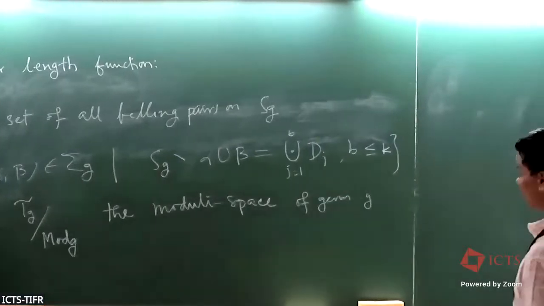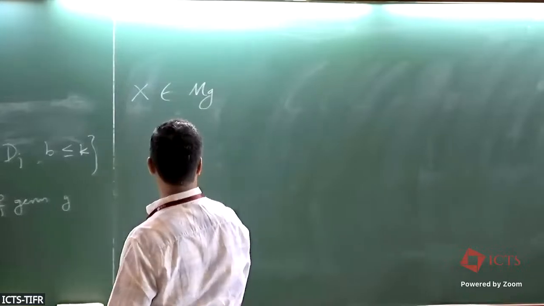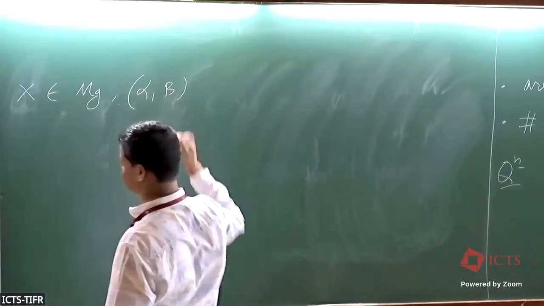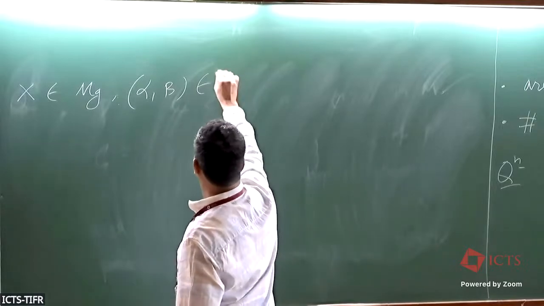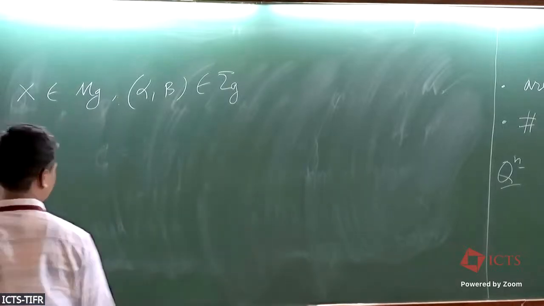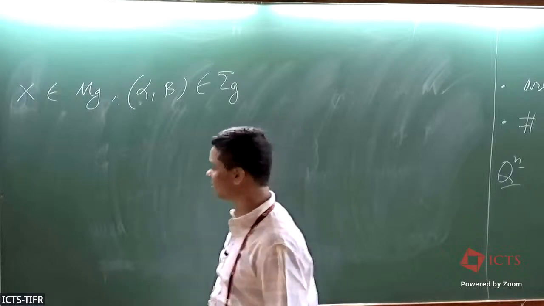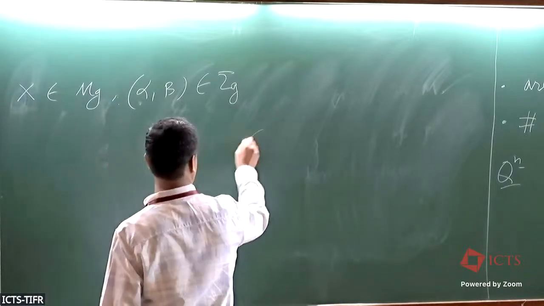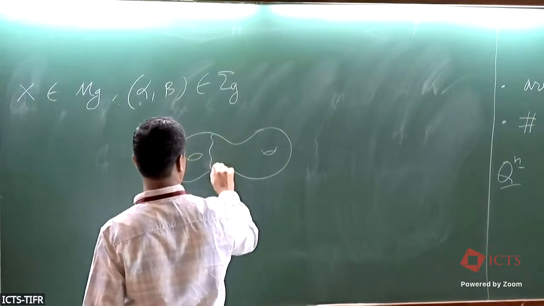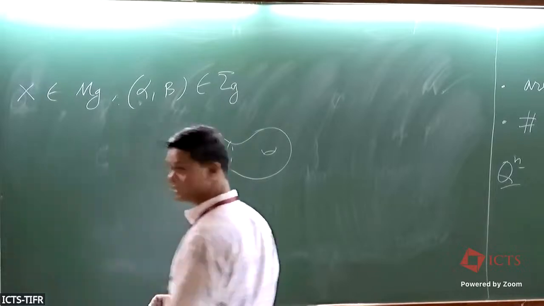Okay, so for X belonging to the moduli space of genus g, M_g, and (alpha, beta) a filling pair on S_g. So basically, these are simple closed curves on a hyperbolic surface. If you have a simple closed curve, then in its free homotopy class you have a unique geodesic representative.